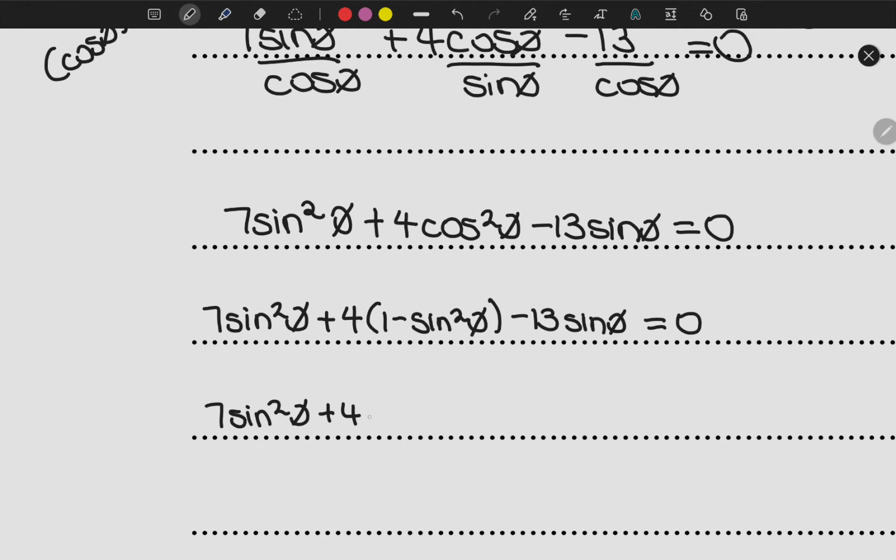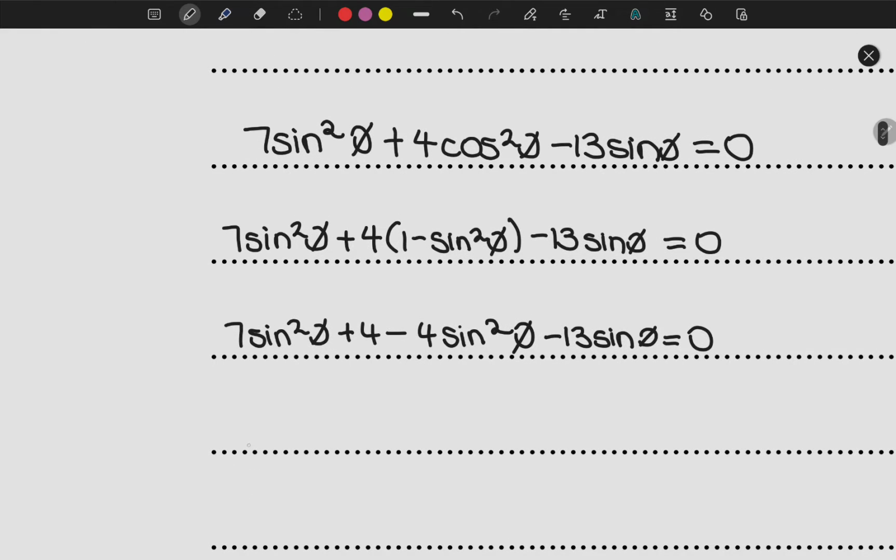Plus 4 minus 4 sine squared theta minus 13 sine theta is equal to 0. Simplify like terms, that's going to be 3 sine squared theta minus 13 sine theta plus 4.